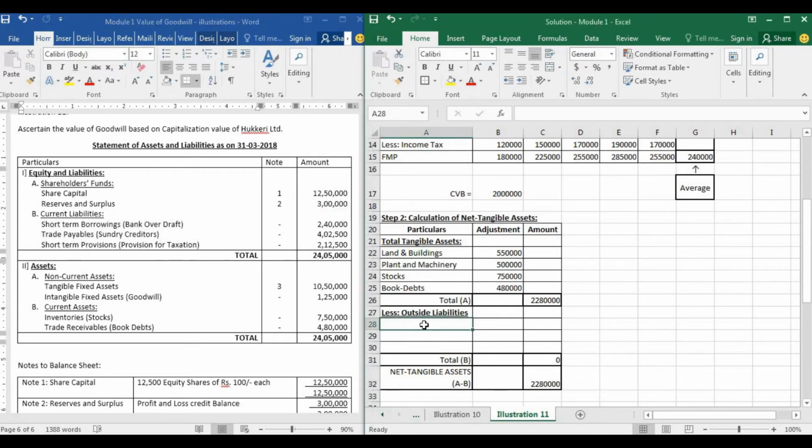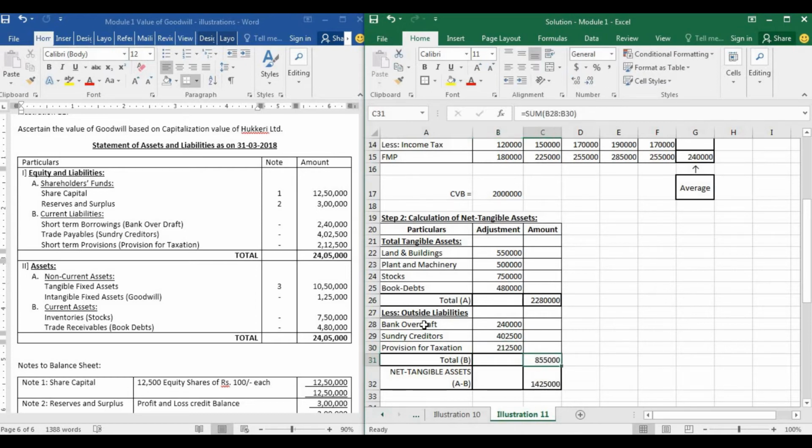In this case, we have 3: bank overdraft, sundry creditors, and provision for taxation. Bank overdraft value is 2,40,000. Creditors is 4,02,500, and provision for taxation is 2,12,500.